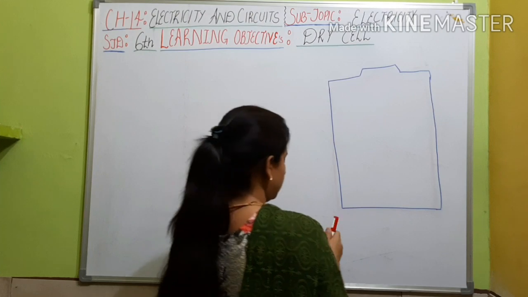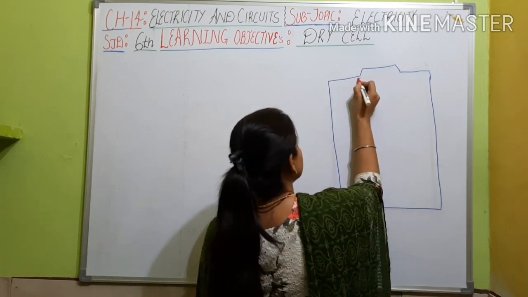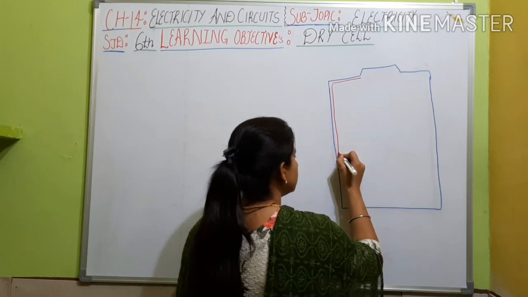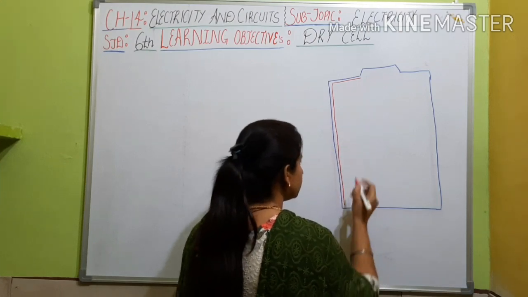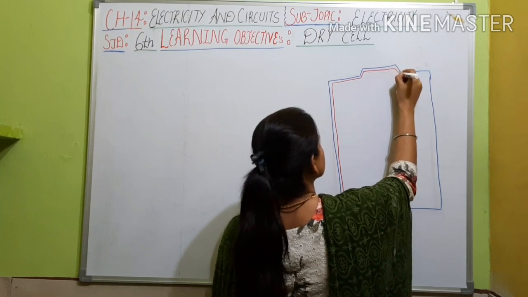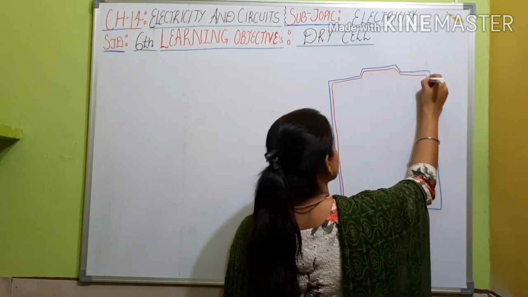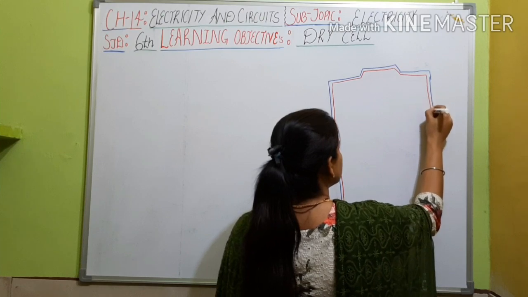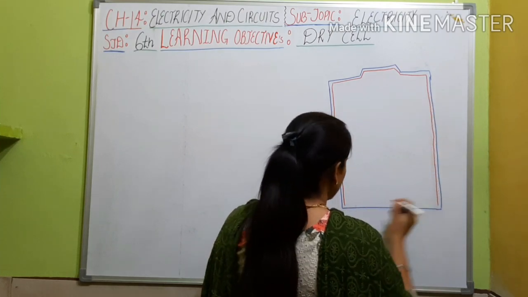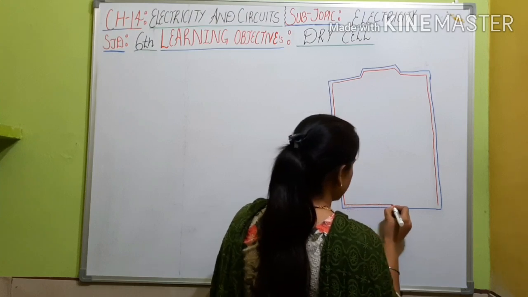So let's begin. You can also try this diagram along with me. This is the outer casing, double layered. Go slowly for that. You can use a scale to draw the lines.